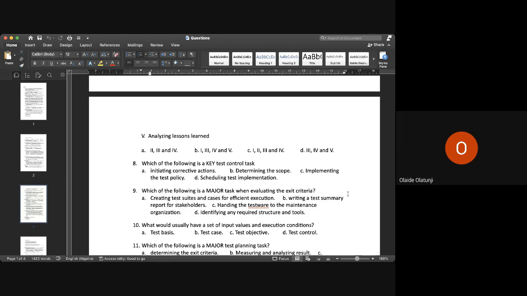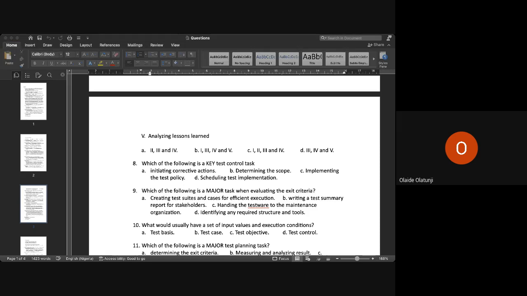Rather, let's put it this way: test monitoring is knowing the date and the activities that have gone or that will happen in a test project.